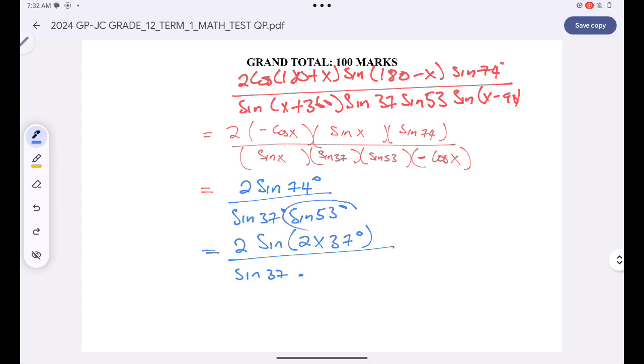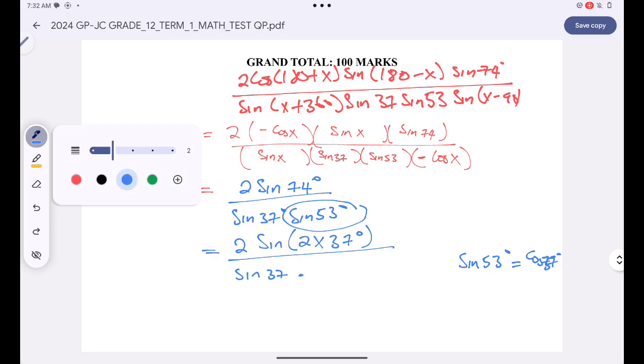I can change sine 53 to be equal to cos 37, because according to the cofunctions, if two trig ratios are cofunctions of each other and the sum of their angles is equal to 90, then they are equal. You can even punch your calculator and check that sine 53 degrees will be equal to the cos of 37 degrees. Are you together? So whenever I come across sine 53, I'll just substitute cos of 37.